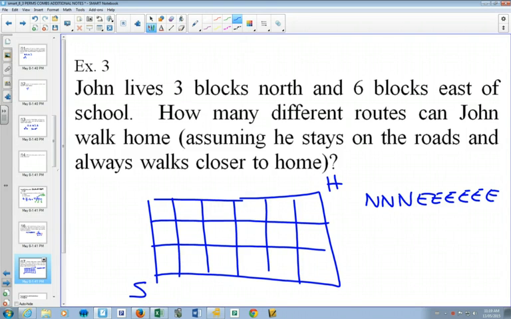So this question, which we've done before, is 9 factorial over 3 factorial, 6 factorial, because some of those are identical things. Going north doesn't matter where it is. Now let's imagine that something happens at school and Sally lives right here, and all of a sudden John has to make sure that he walks by Sally's house on the way home from school every time.